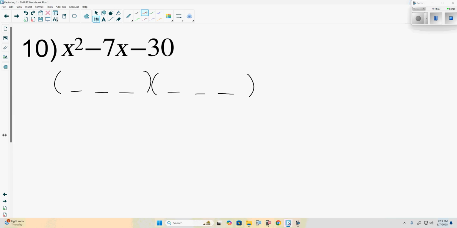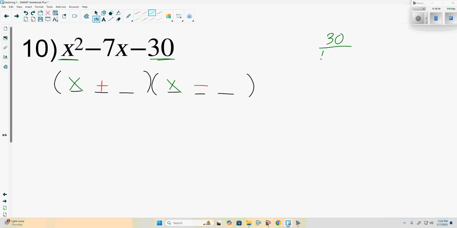So that means our signs are opposite. One's going to be positive, one is going to be negative. That takes us through step 3. Step number 4: factors of the first and third term. Factors of x squared are x and x. Only one set of factors for x squared.